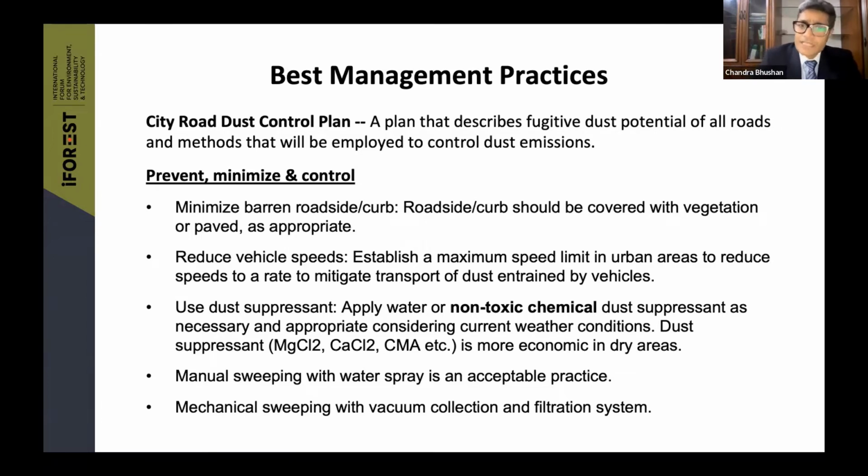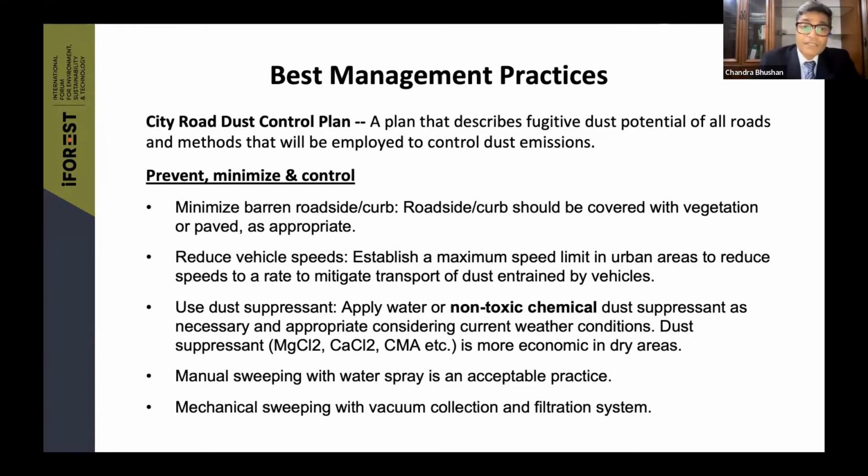So use dust suppressants, use non-toxic chemicals like magnesium and calcium chloride and CMA and some other chemicals that are coming in the market, but make sure that you use them with caution and as per the prescription, which is in how much amount, when and where. It should not be used blindly and without following the procedures.